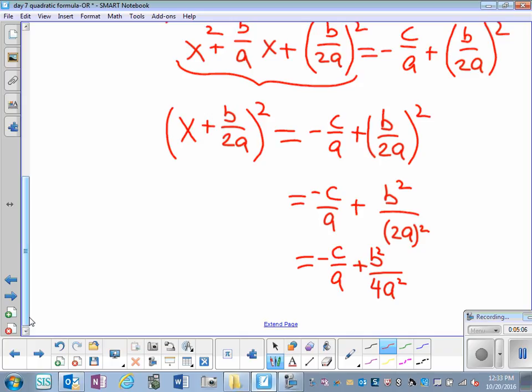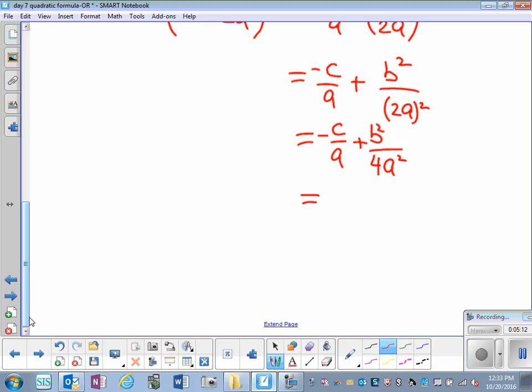Okay. And I want to simplify it just a little bit more. So I'm just going down here. You see how I can find the common denominator here? By multiplying the first fraction, numerator and denominator, by 4a. Can you see that? So if I multiply here by 4a and here by 4a, I will have two fractions with the same denominator, 4a squared.